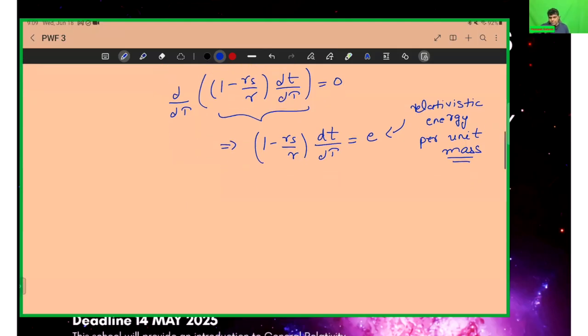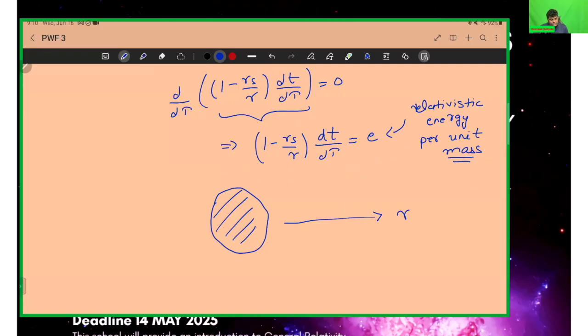Now, what does this equation tell you? t is the time coordinate that you use for the Schwarzschild geometry. But is it a time? If this is the Schwarzschild black hole and you go to a very large distance, when r equals infinity, the space becomes flat and the Schwarzschild metric becomes the metric for flat geometry.